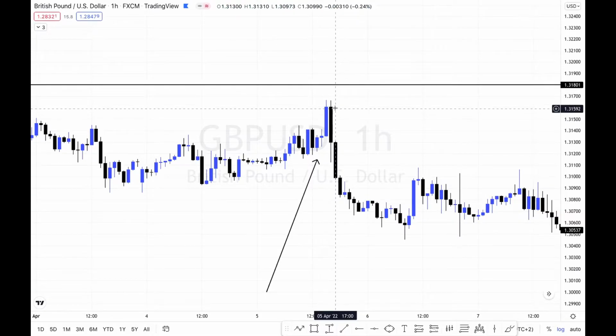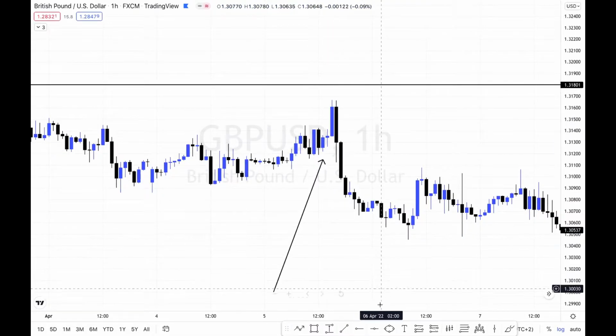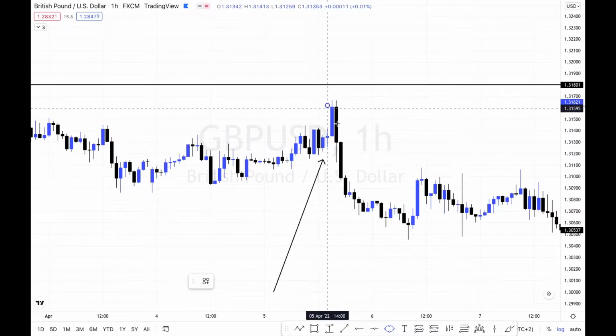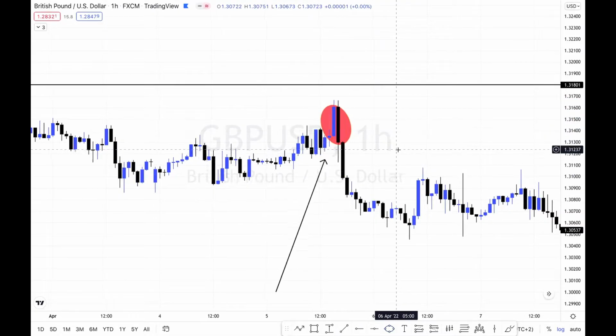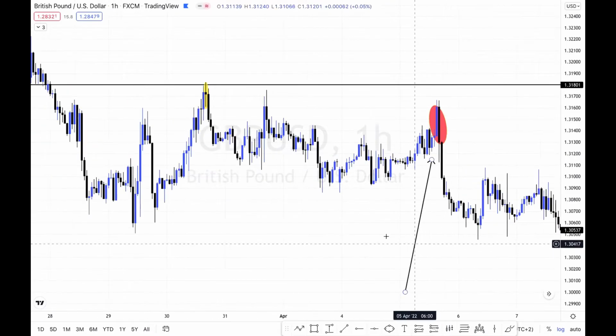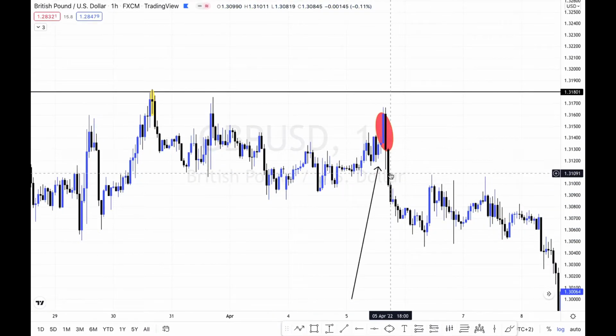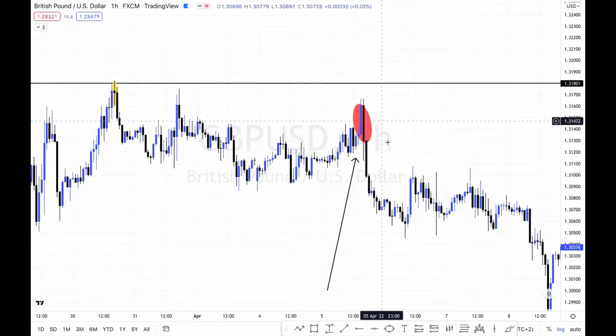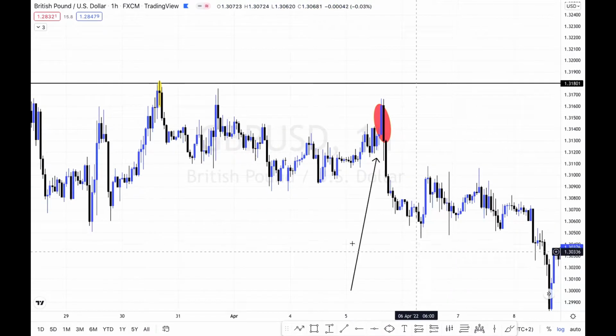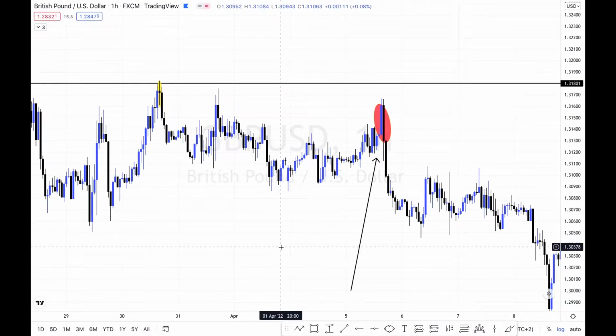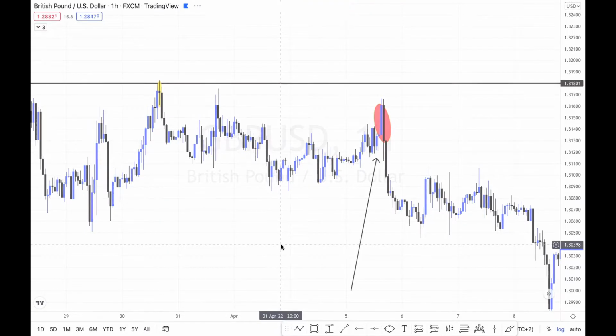And then the bearish candle came and engulfed it, which showed the bearish momentum in the markets, which made the market start dropping. By the way, all the candles we'll be looking at are reversal candles, which made the markets reverse and then start dropping. So now let us look at bullish engulfing candles.